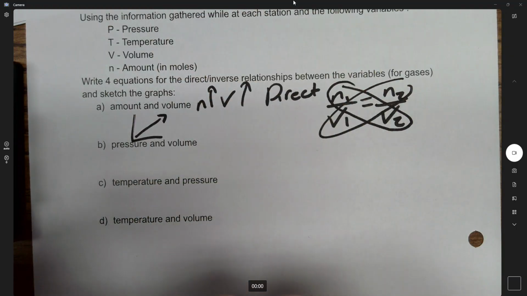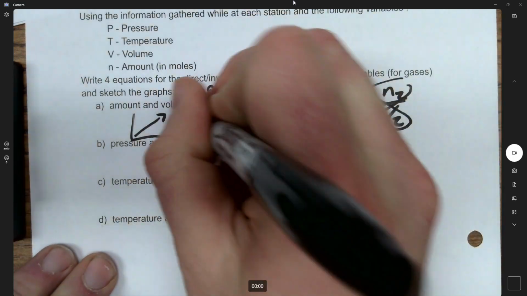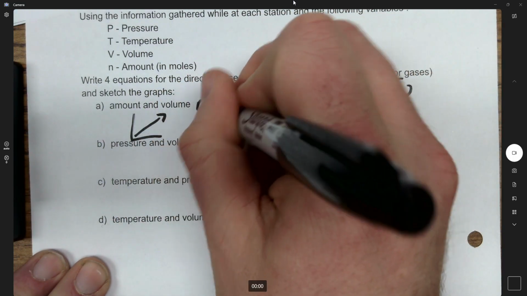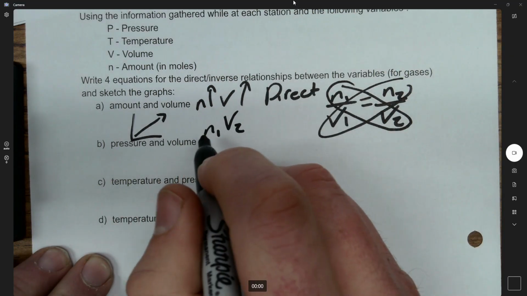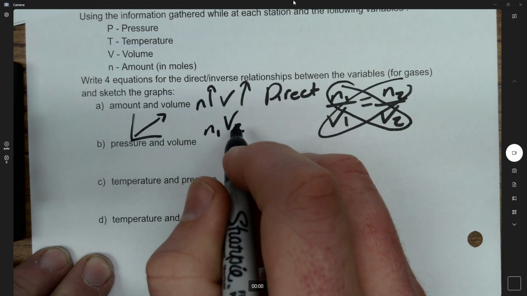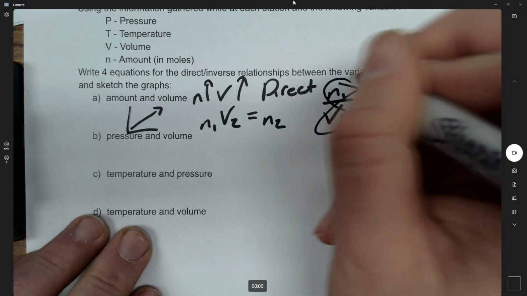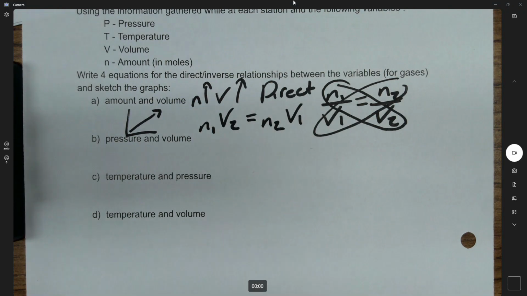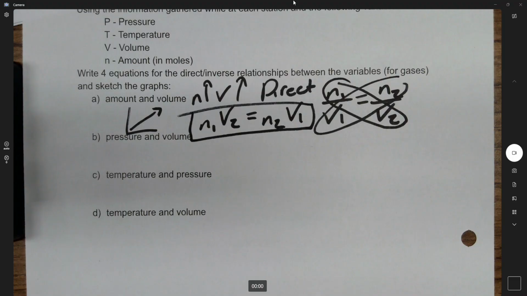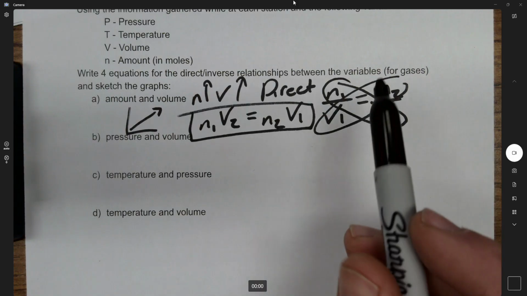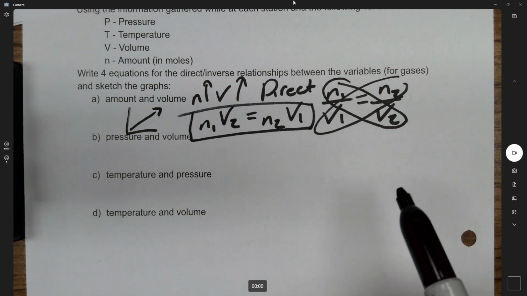The formula that I want you to focus in on is N1 times V2, moles 1 times volume 2, equals moles 2 times volume 1. This is the equation that I want you to put in your head. We're going to put a bunch of names to these equations today, but I want you to see how we got that particular equation.